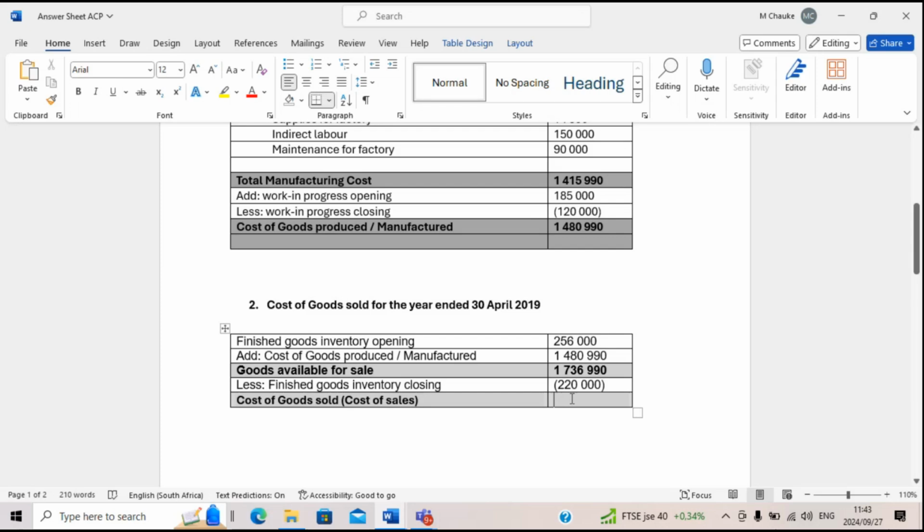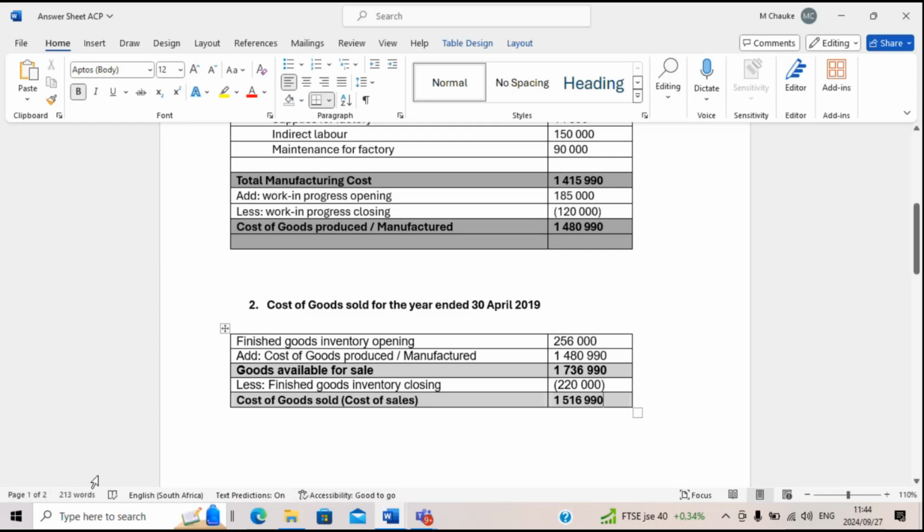words, right? So let's see how much that is. We're going to say 1,736,990 minus 220,000 of finished goods inventory closing. We get our cost of goods manufactured and cost of goods sold, which is equal to 1,516,990.